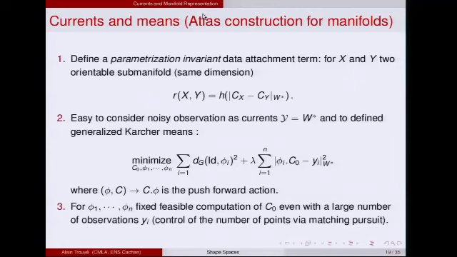So if I want to find, for instance, the mean, I can solve this problem. I am minimizing over C0 and phi1 to phi n of this.